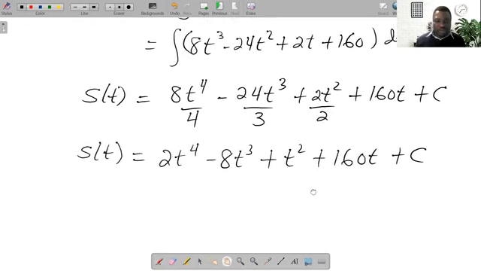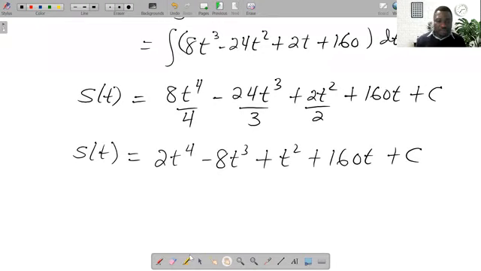Okay, and then we also know the condition there. The condition was S of 1, but S of 1 is equal to -9.